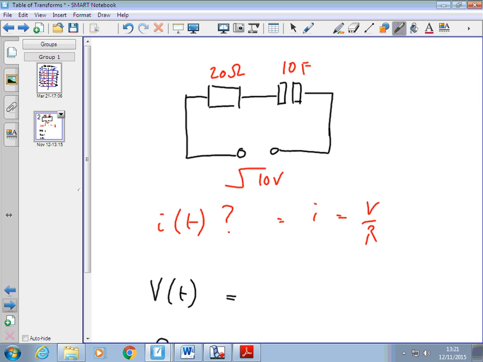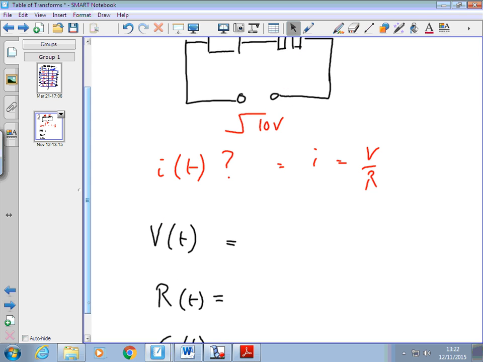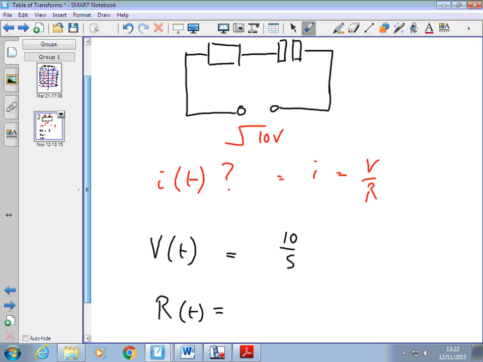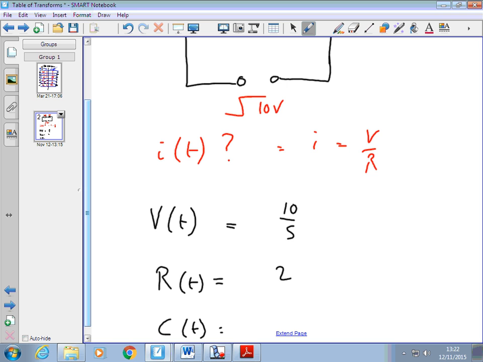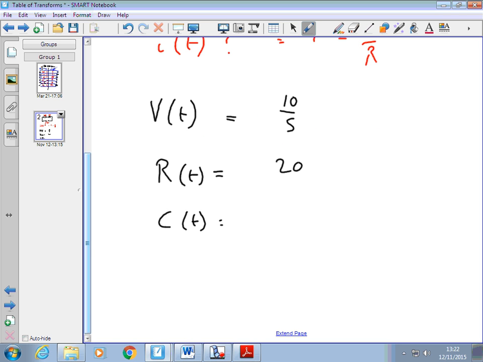For a step it was just over S. So the voltage becomes 10 over S. The resistance becomes just what it was before, which is 20. And the capacitance, which was 5, no, not 5, 10, becomes 1 over 10S.